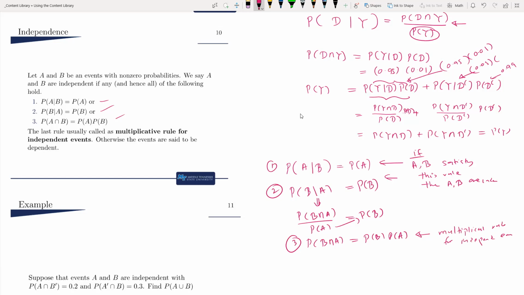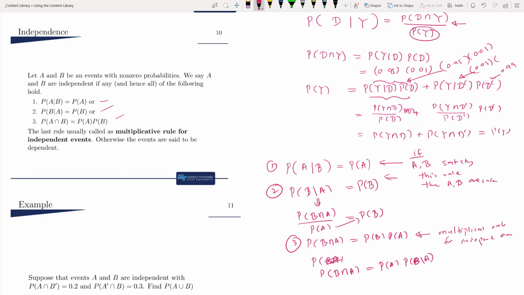You also have a multiplicative rule for dependent events. For example, if you have two events which are dependent, then the multiplicative rule is going to be probability of A times probability of B given A. That's the multiplicative rule for dependent events.